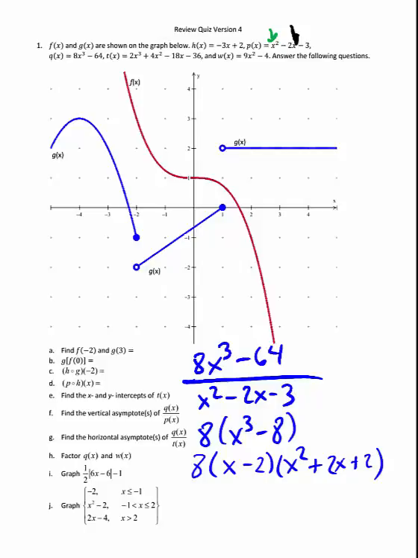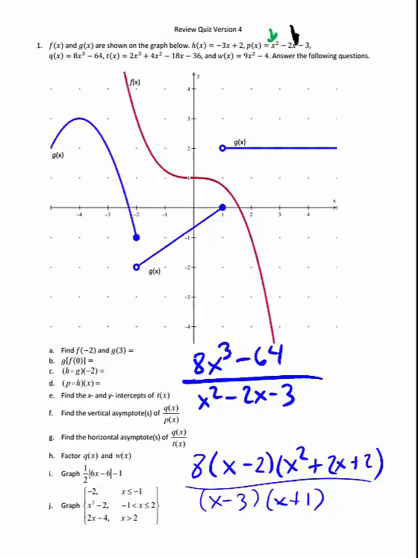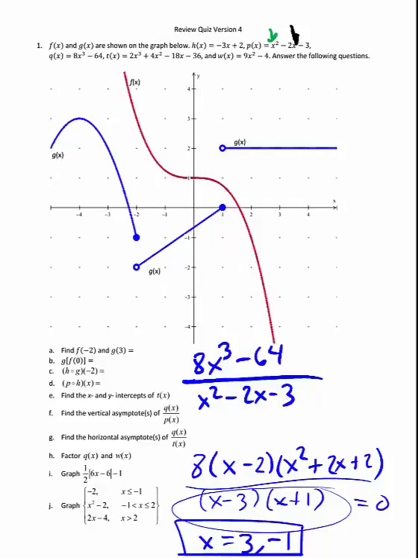And then when we factor out the denominator, we'll get divided by x minus 3 times x plus 1. We see nothing factors out, which means there's no hole, so when we take the denominator and set it equal to 0, that's going to give us our vertical asymptotes. So those are at x equals 3 and negative 1. So those are our vertical asymptotes.